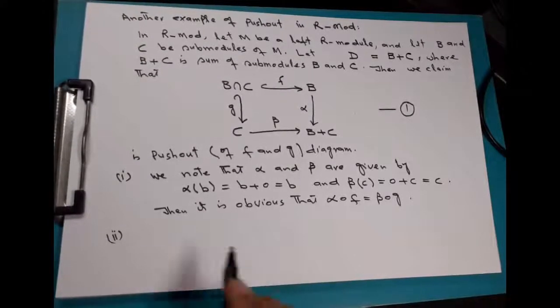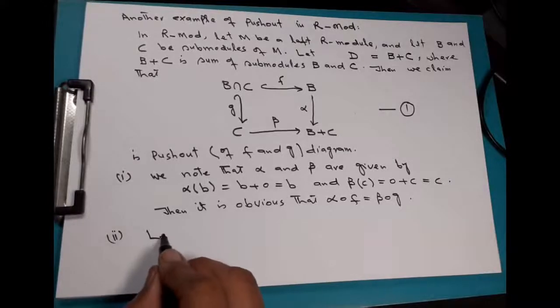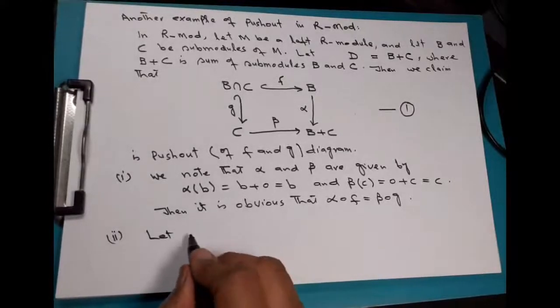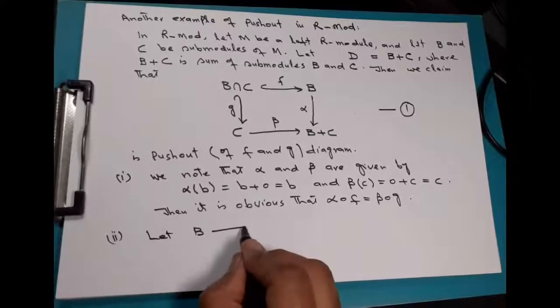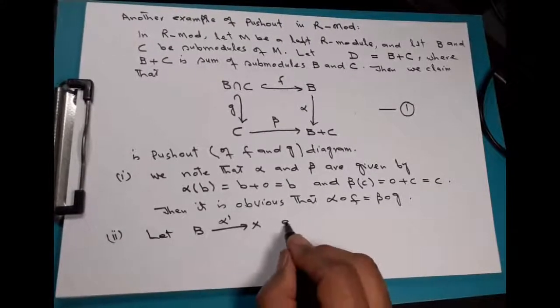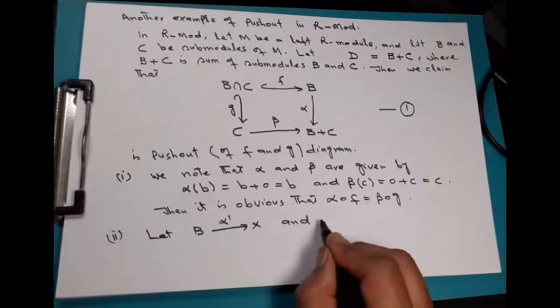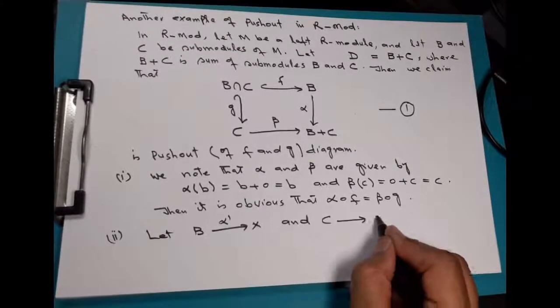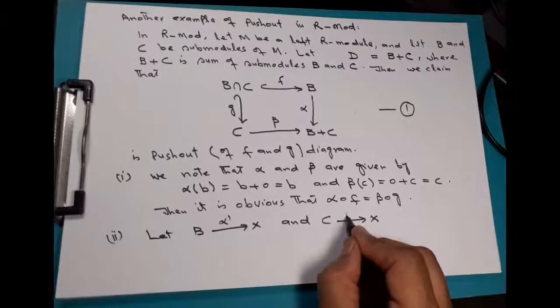So secondly, let the map from B to X, this is what we call alpha dash, and from C to X, this is what we call beta dash.